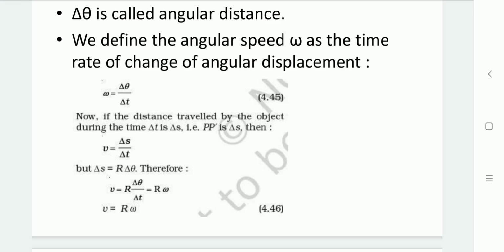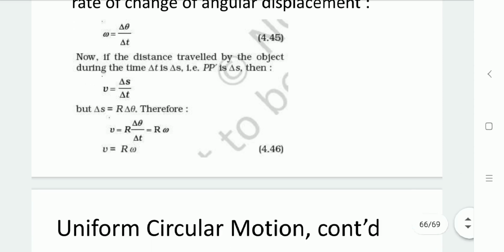So velocity equals delta s by delta t, and delta s equals r delta theta. Substituting the value of delta s in the velocity equation, we have v equal to r delta theta divided by delta t, that is equal to r omega. So velocity equals r omega. Velocity we have in terms of angular speed.